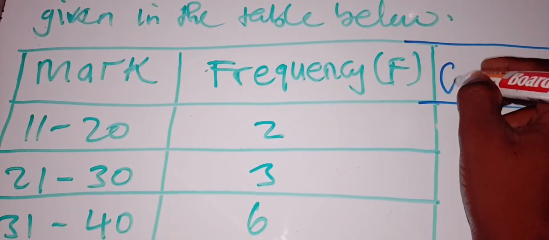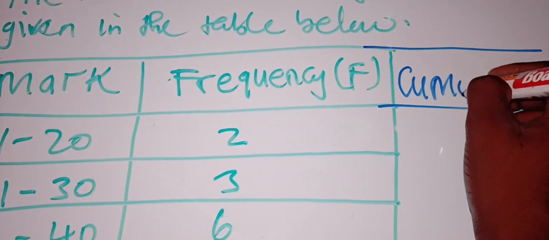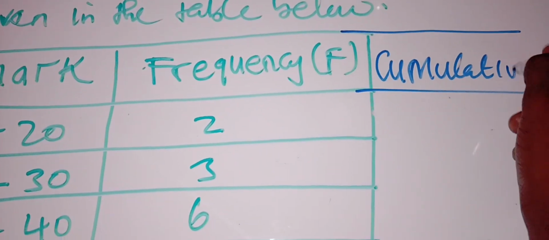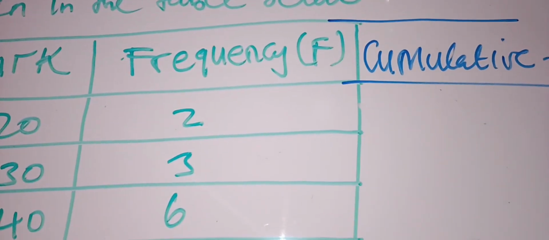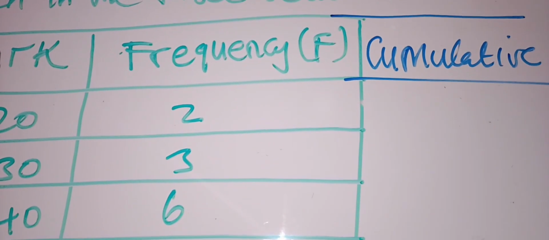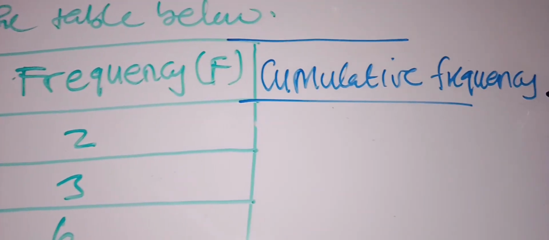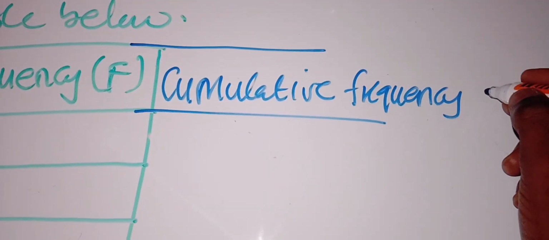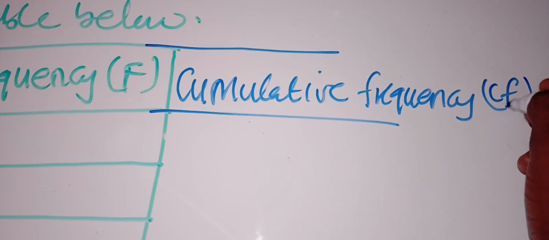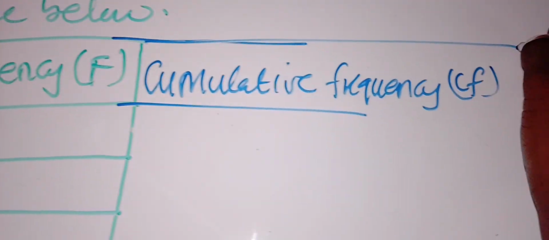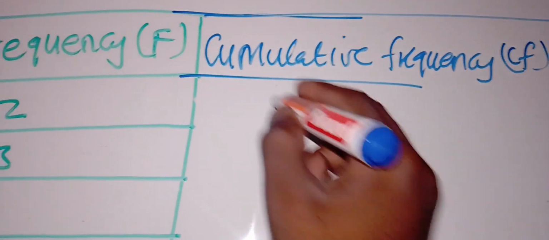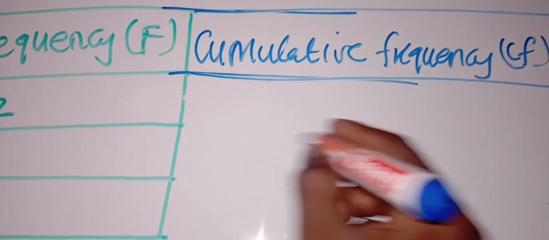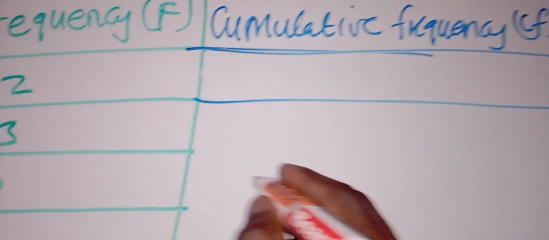You add the cumulative frequency, which is CF. You just add it like that.